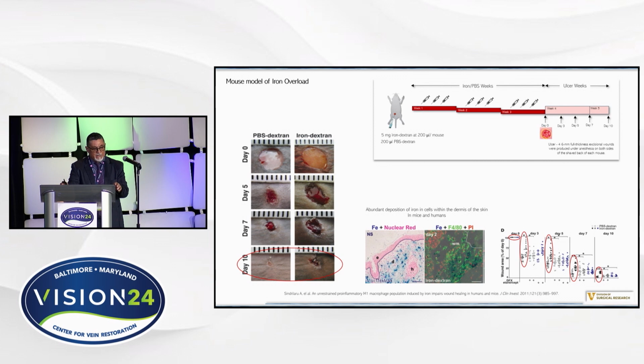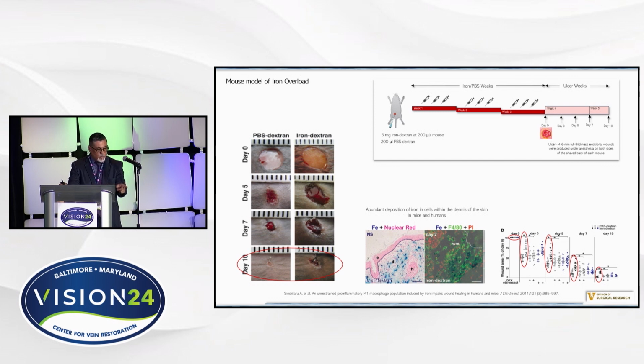Now, one very interesting model that was recently developed is this mouse model of iron overload. It involves injection of iron intraperitoneally in rodents for 3 weeks, and then performing ulcers of the same size in those animals. This model is interesting, and this is why the macrophage I mentioned before was studied, because it replicates very closely what happens in ulcers in humans.